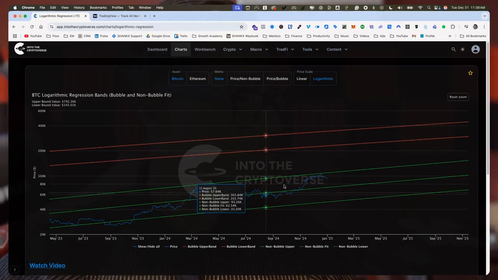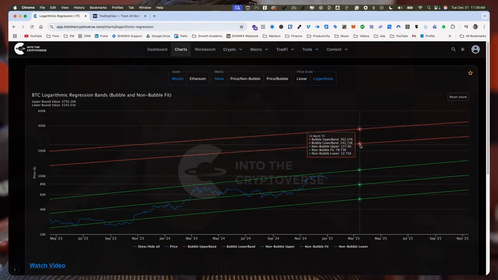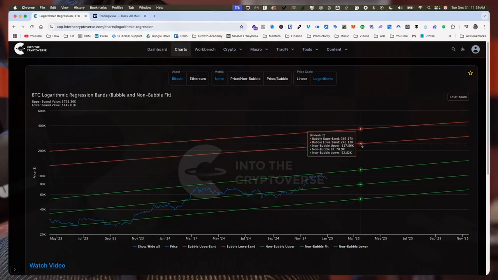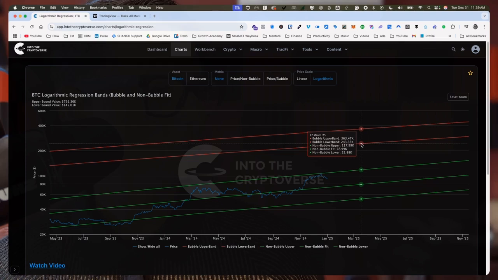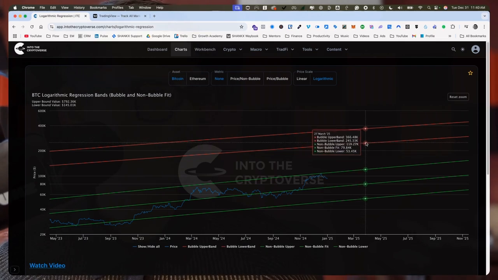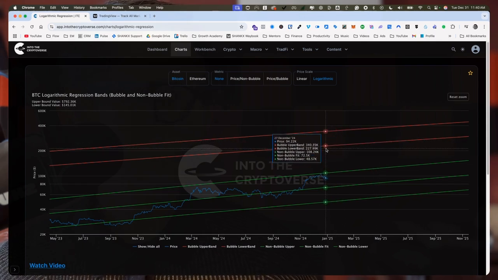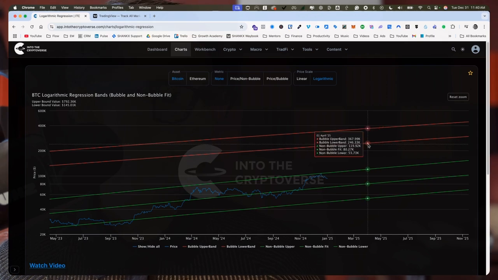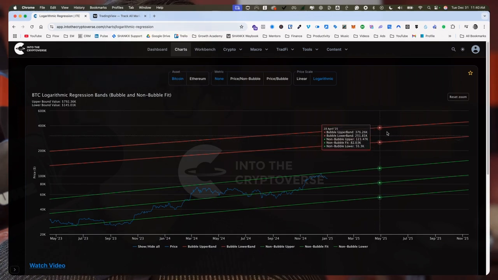Okay, so that means that we can look forward in this model, if we look at the bubble upper band, to a price around 243,000, right? Let's say 250,000 between now and, let's say, the middle of 2025, where we see the top of the current bull run. Well, it looks like it. Nobody really knows for sure.